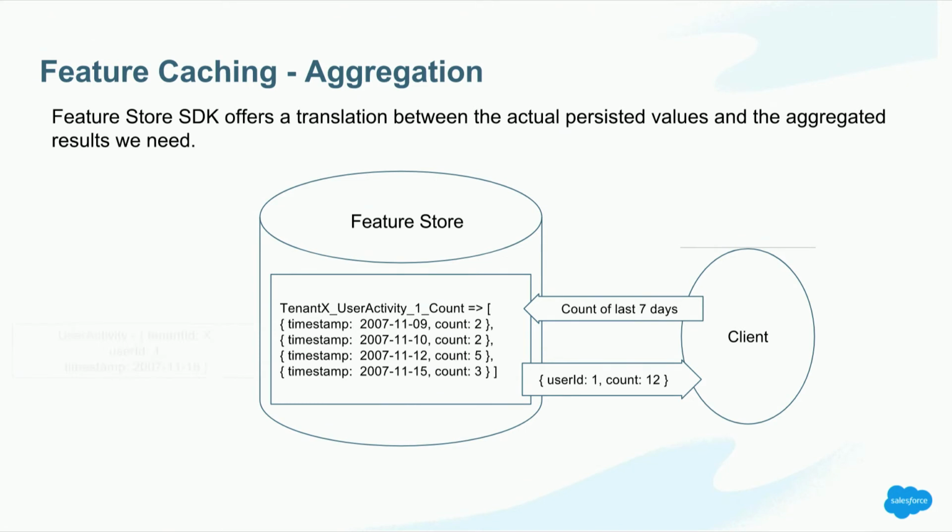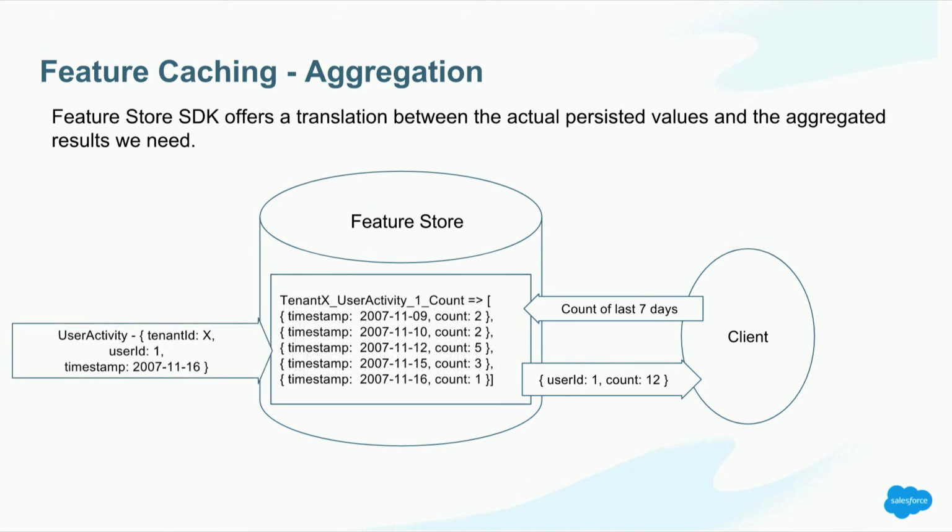And if new data flows in, the intermediate state will be updated, and when the client requests the same metric again, the feature store SDK is smart enough to know that there is a sliding window. So November 9th data now falls out of the window, and we should update the count.